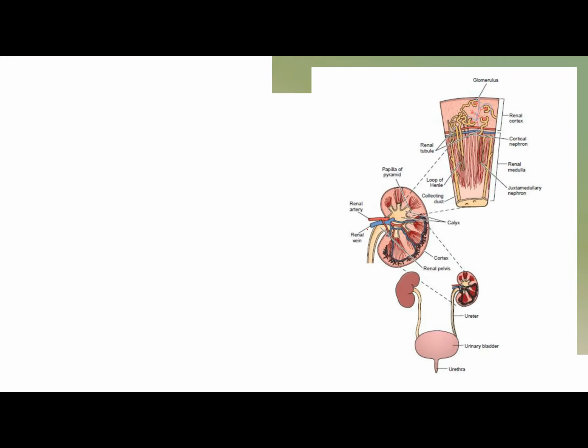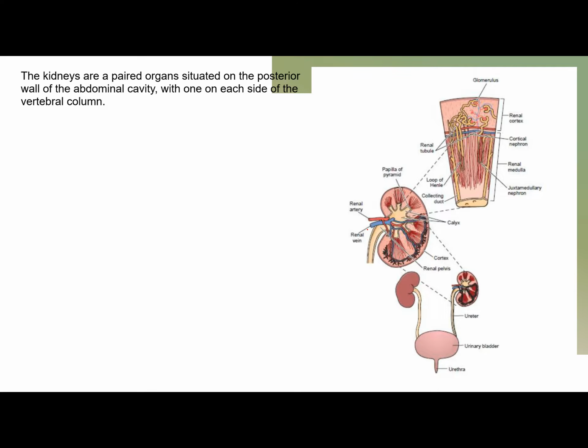Let's continue. Now let's talk about the kidney. The kidney is a paired organ. Dalawa yan lagi, hindi yan isa. It is a paired organ situated on the posterior wall of the cavity found on each side.